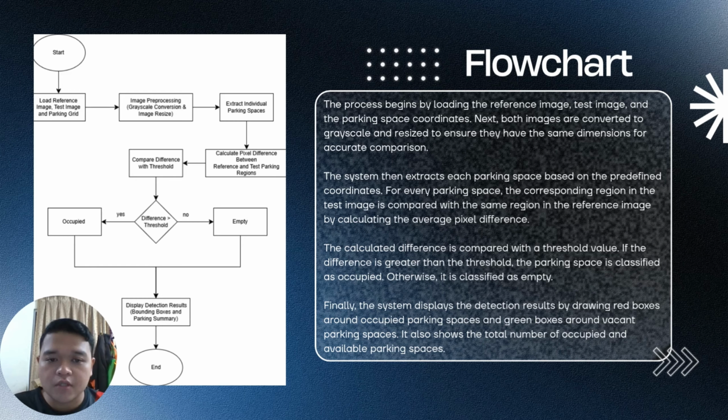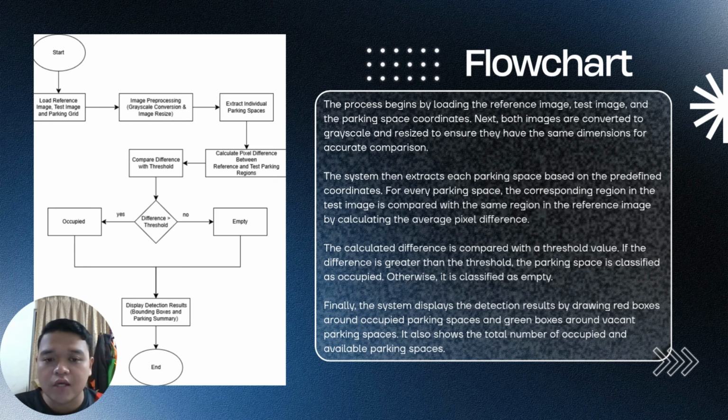For every parking space, the corresponding region in the test image is compared with the same region in the reference image by calculating the average pixel difference. The calculated difference is compared with a threshold value. If the difference is greater than the threshold, the parking space is classified as occupied.